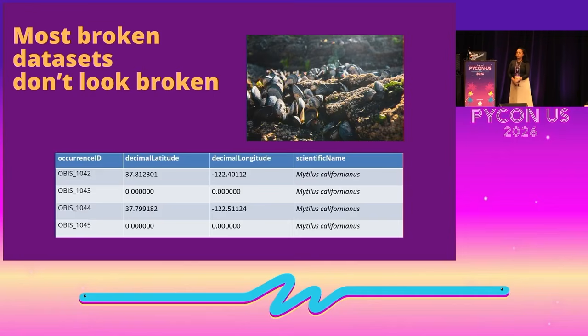So most broken data sets don't look broken. This is a tiny sample from some OBIS data, specifically about California mussels.